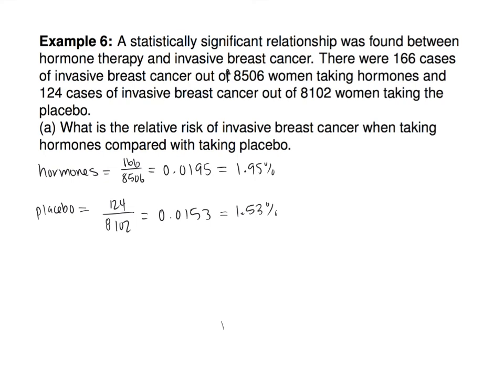But when you compute the relative risk, that's equal to the risk for category 1, so 1.95% over 1.53%. You end up with 1.275. So this makes it look like, oh my goodness, taking hormones leads to an increased risk of breast cancer.